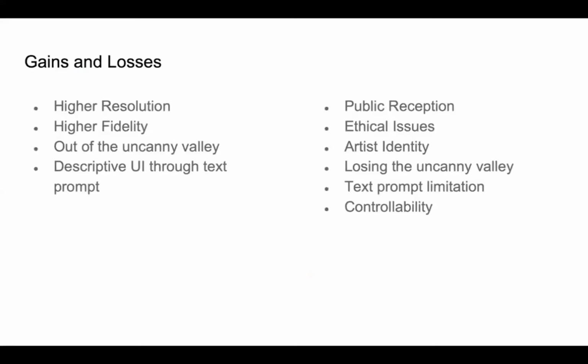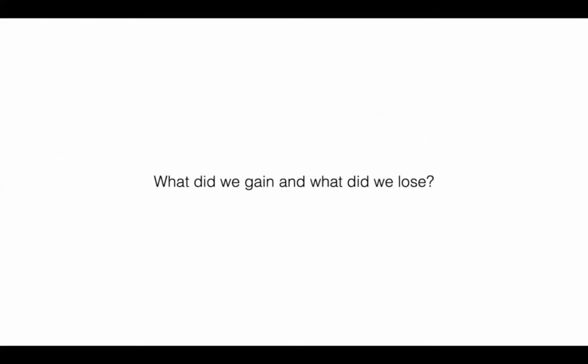The public perception of using AI as a way of making art, and AI art in general, some ethical issues, the issue of art's identity, the issue of the uncanny valley and how that's affecting making art. And some of the text prompt limitations, although this is a topic of a whole talk by itself, and the issue of controllability. So let me start by discussing this.